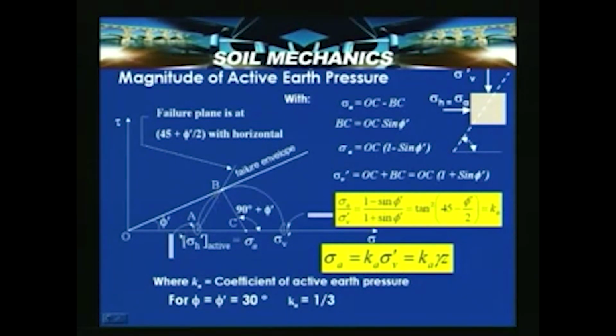This Mohr circle intersects the sigma axis at A, touches the failure envelope at point B, and has its center at point C. From the geometry, we can say that sigma A is equal to OC minus BC, which is this distance. From the triangle OBC, we can see that BC is equal to OC sin phi dash.